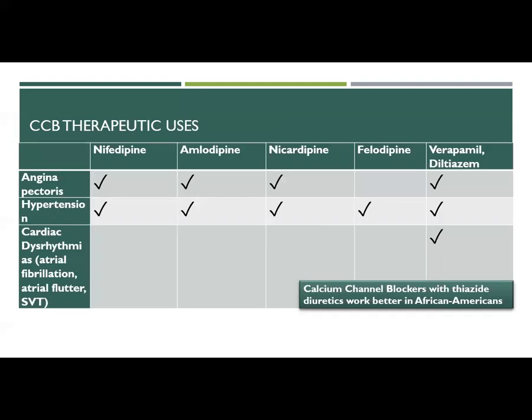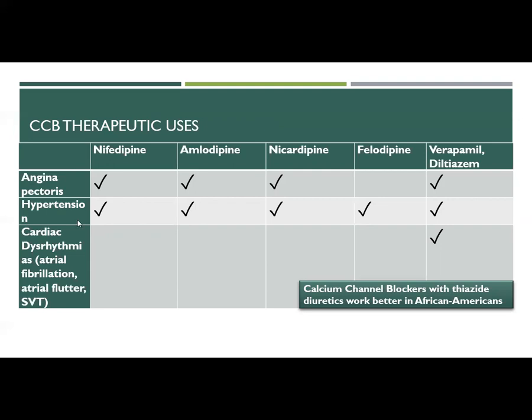So I've got this little chart for you guys that makes it a little bit easier when you're looking at these. All of them can be used for hypertension. Now, some of these can be used for other things, like angina, so that's chest pain. Chest pain, you can see it with nifedipine, amlodipine, nicardipine, verapamil, and diltiazem.